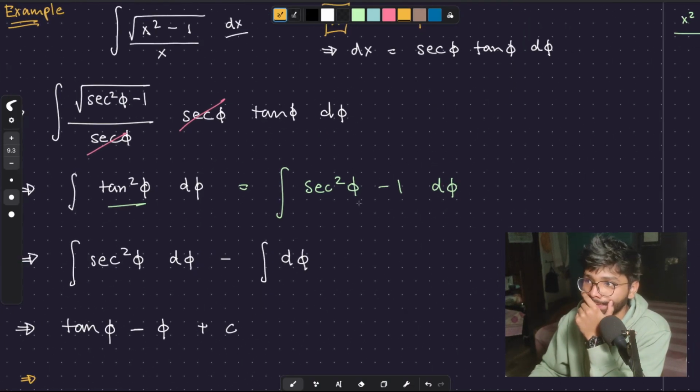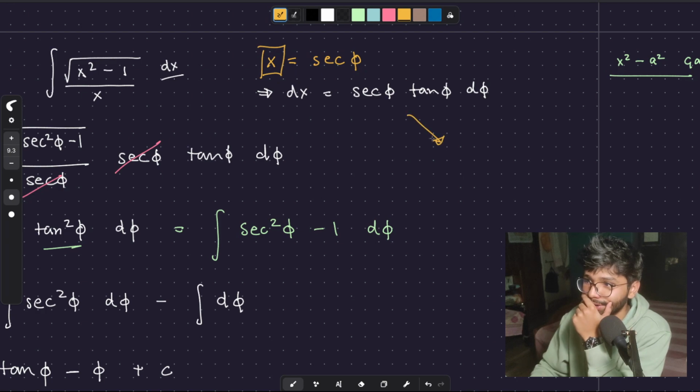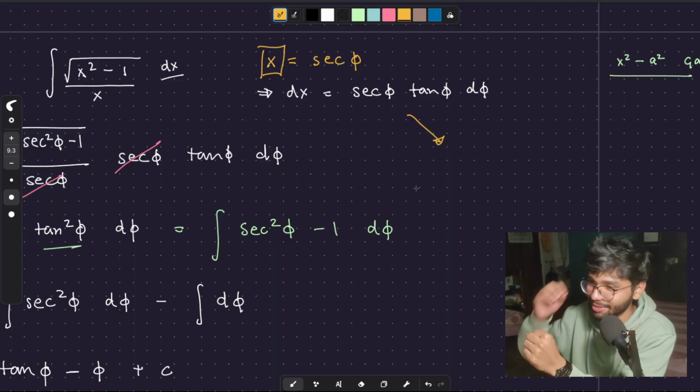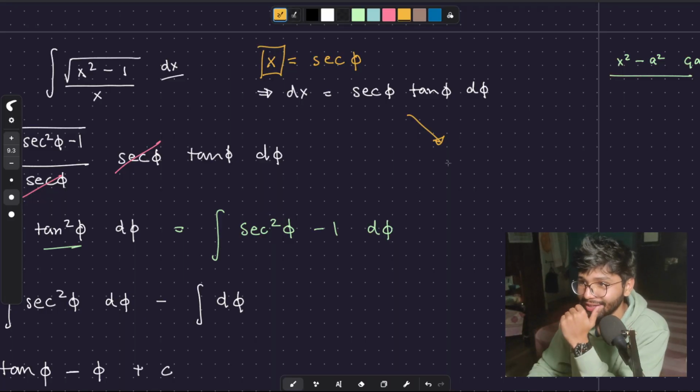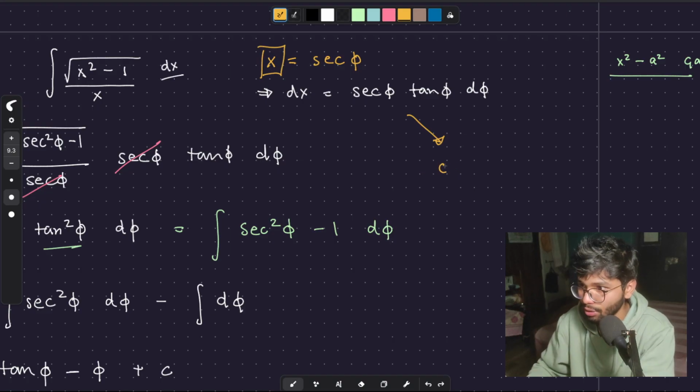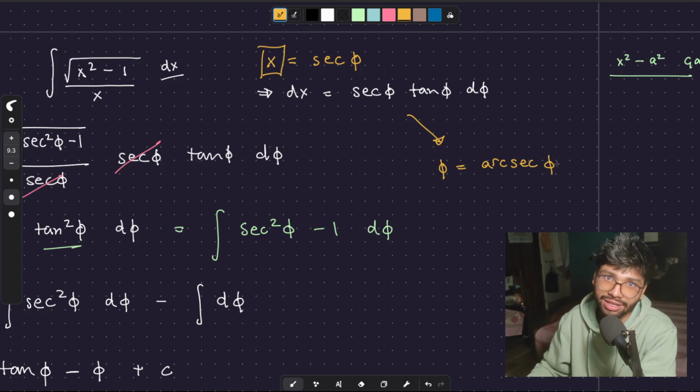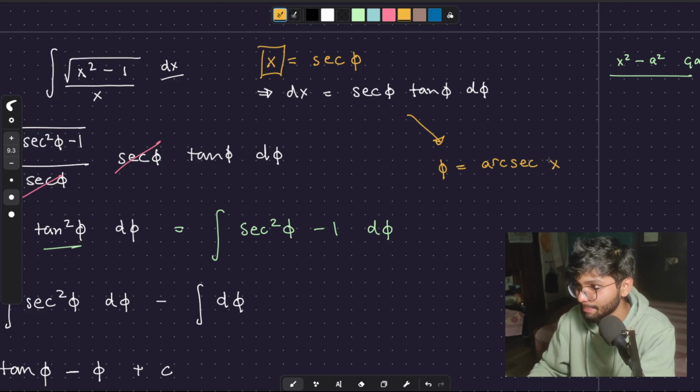Let's figure this out. Because I did not do it before the lecture, so I'm doing it live. So it's live problem solving mode. All right. So phi is just arc secant, if there's such a thing, arc secant of x.